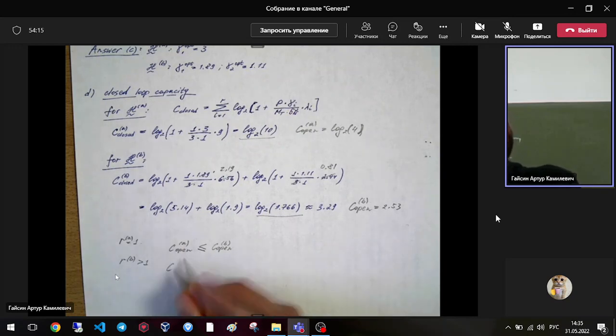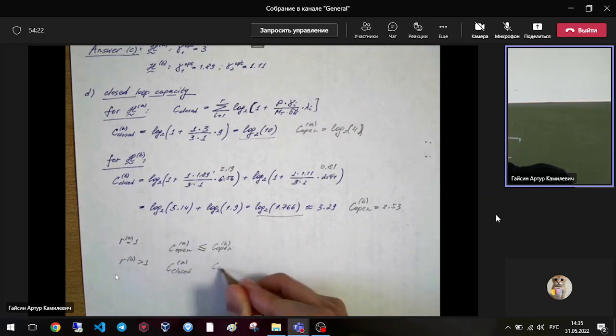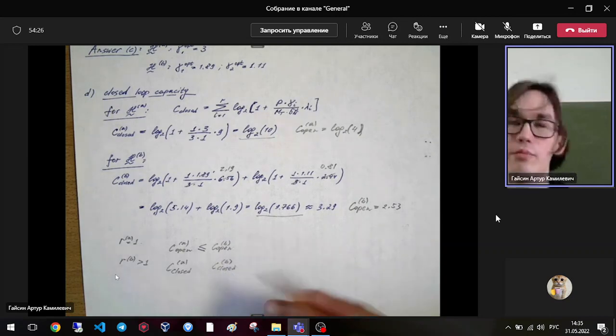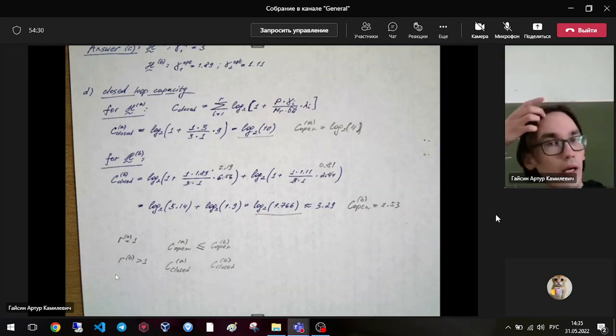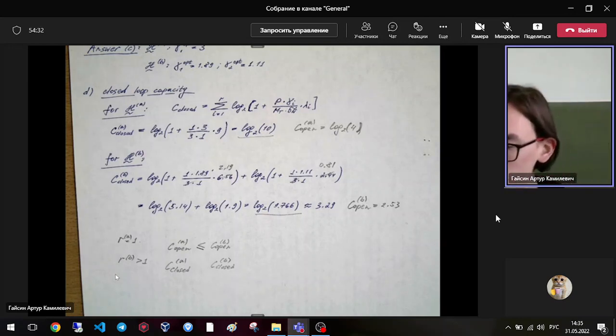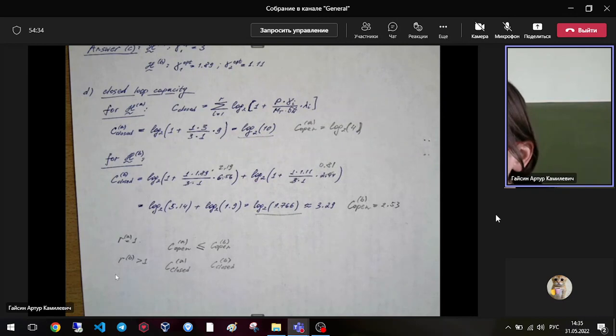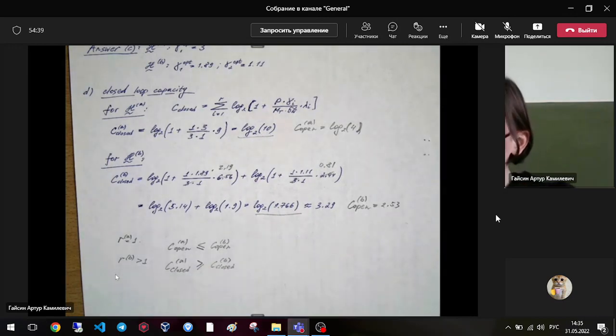But if we calculate closed loop capacity for channel A and closed loop capacity for channel B, it is better to have one eigenvalue in this case. So we can say that this ratio is bigger or equal to 1.